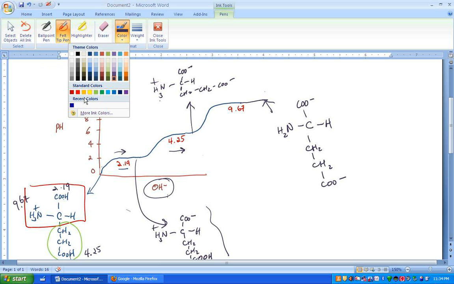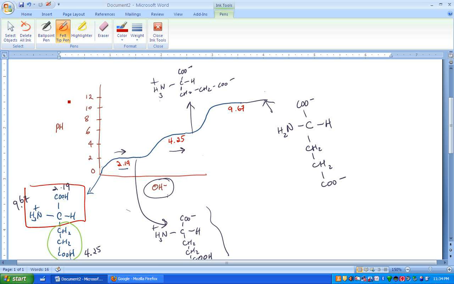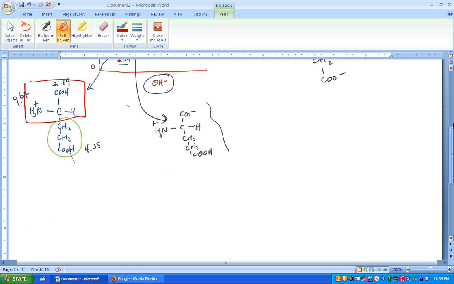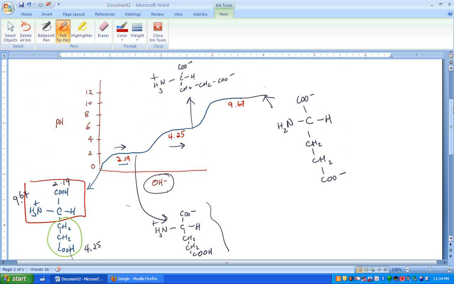The first thing that I want to go over is the overall charge at different points of this titration curve. So if you look at this titration curve, you start off with +1 here, and the rest is neutral, so you would start with +1. And as you're moving in this direction, you become more and more negative because you're losing the hydrogen.